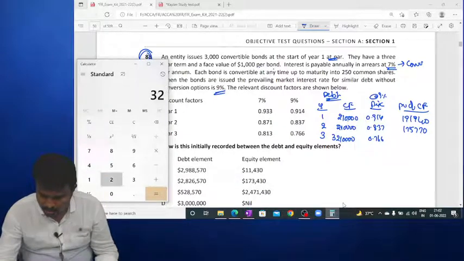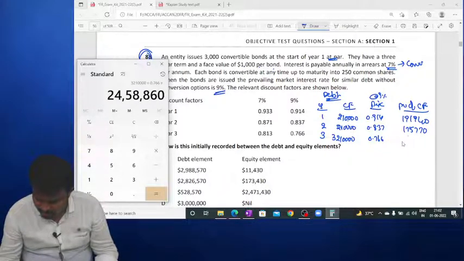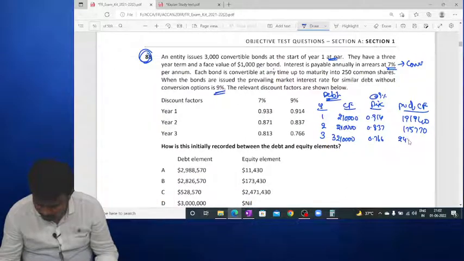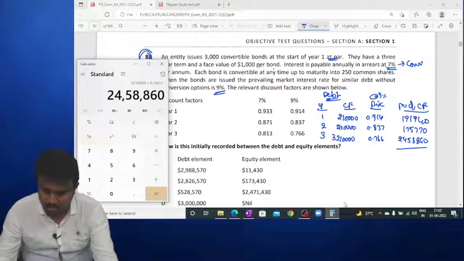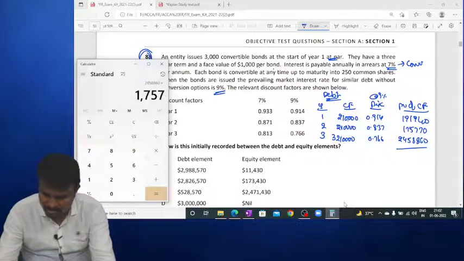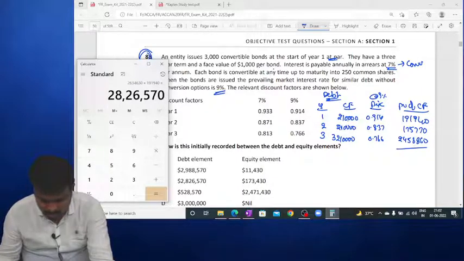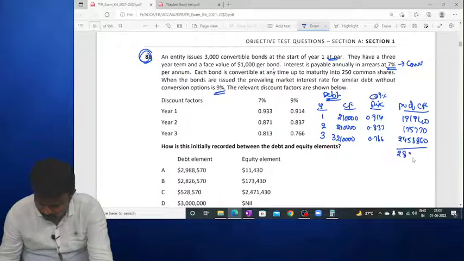Then 32 lakh 10,000 into 0.76 is 24,58,860. Adding 175,770, 191,940 and 24,58,860 gives 28,26,570. This is the element of the debt.